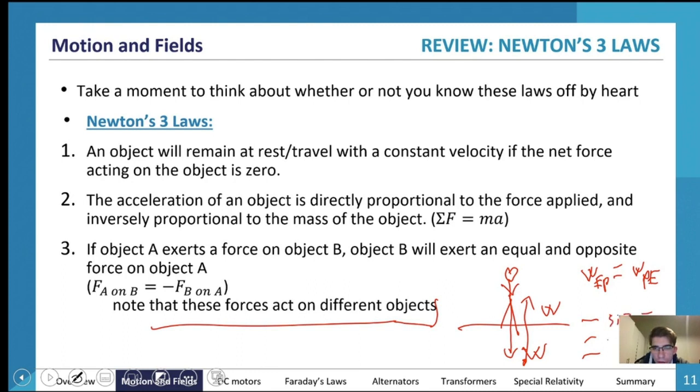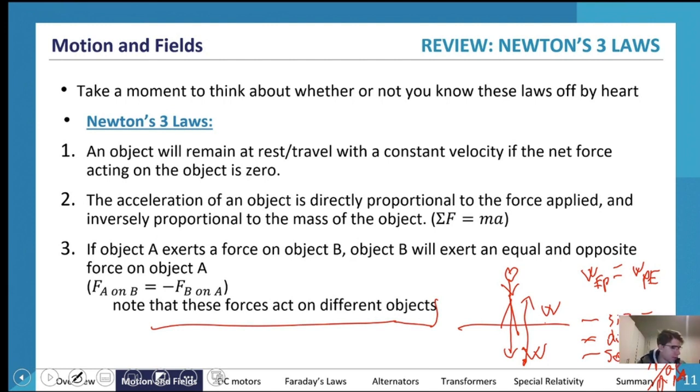The other one is opposite direction. The third one, they must be of the same type, the same type of force, and act on different objects. So it's a weight force with a weight force, right? Those are action-reaction force pairs.